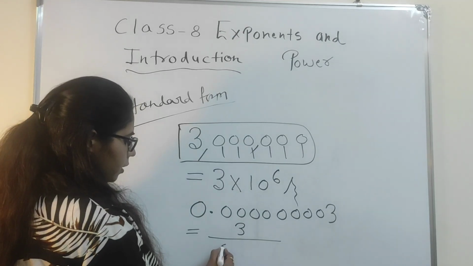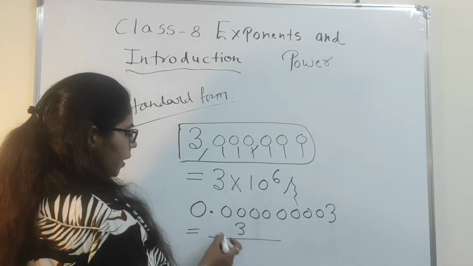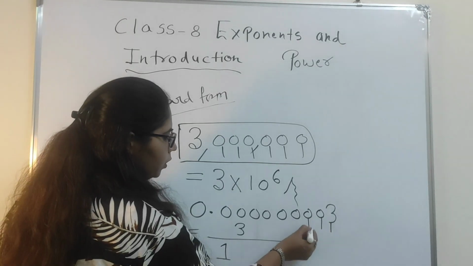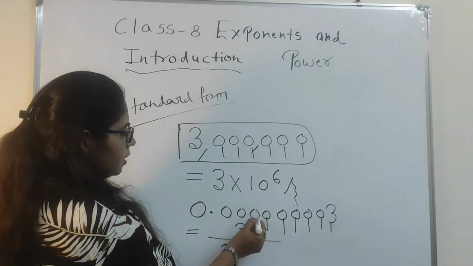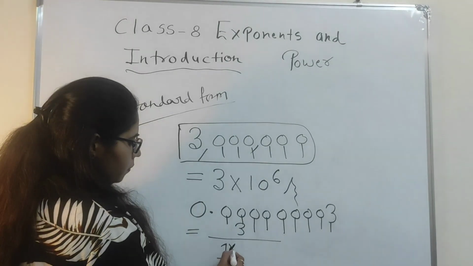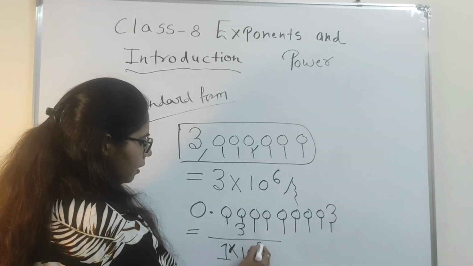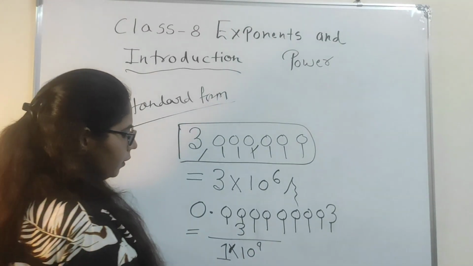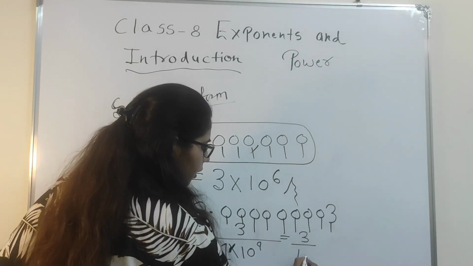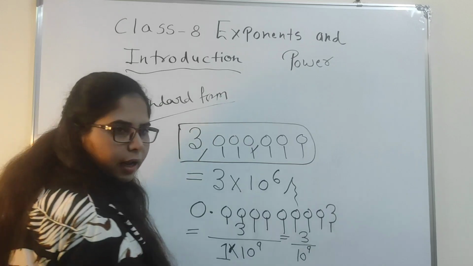In the denominator, write 1. How many numbers are there after the point? 1, 2, 3, 4, 5, 6, 7, 8 and 9. So 1 into 10 to the power 9. Okay. So how will I write it? 3 upon 10 to the power 9.